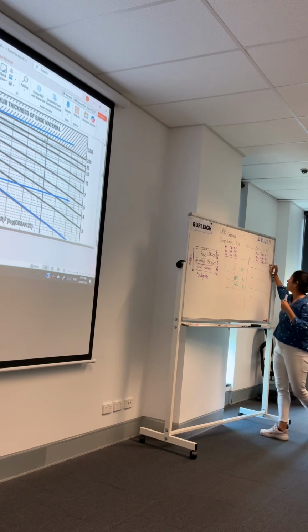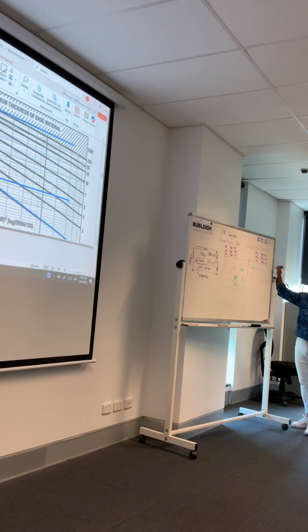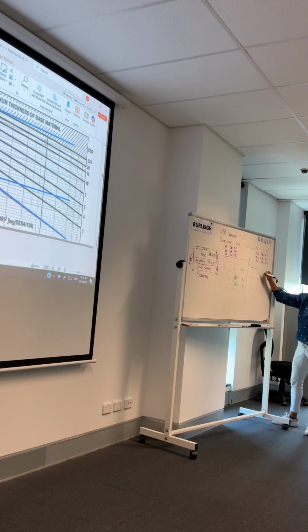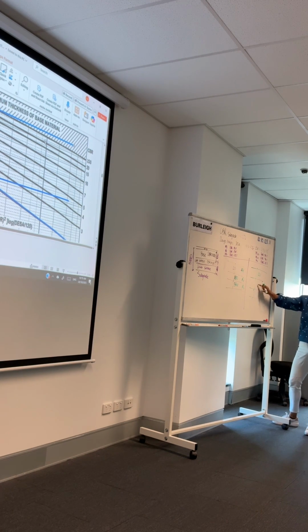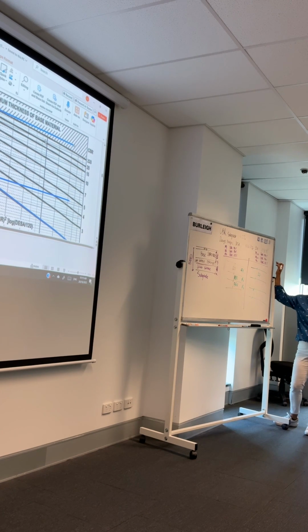Okay. Then, next pavement composition. This time I have a CBR of 10%. So this one has to be 120. How much has to be this one and how much has to be this one? If the material that I have in the bottom has a CBR of 10%.